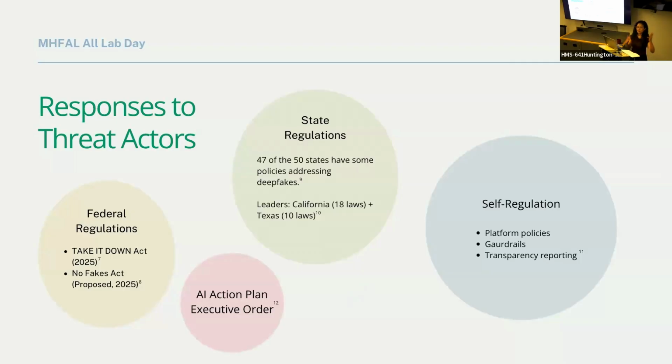And if you, I see some heads nodding. One of the things that really stood out to me about this executive order is that the federal government will not fund your state if they have too many regulations. So that is a nod at California, which has the most regulations around deepfakes.